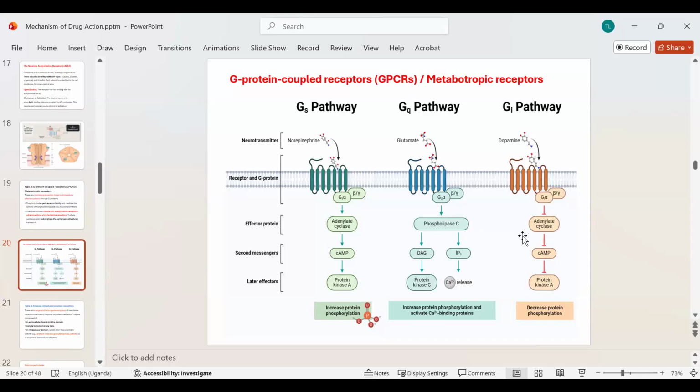The secondary messengers for phospholipase C are diacylglycerol, which we normally abbreviate as DAG. Whenever you find it in an objective, we normally don't write their full names.